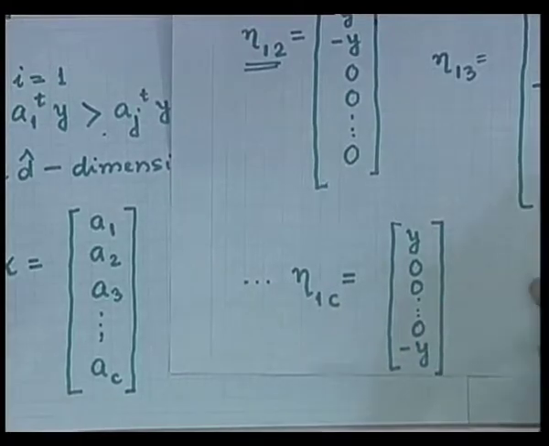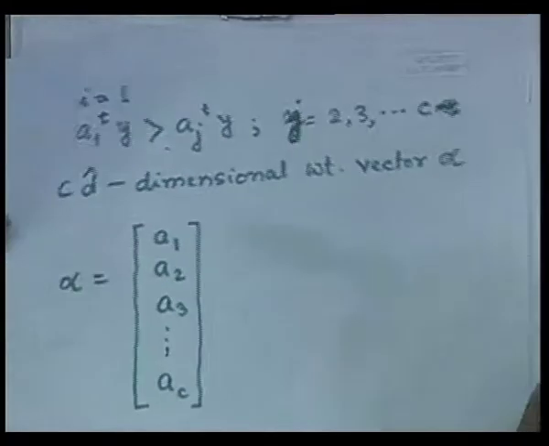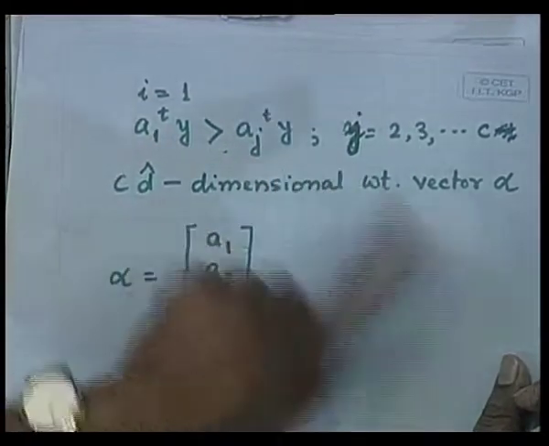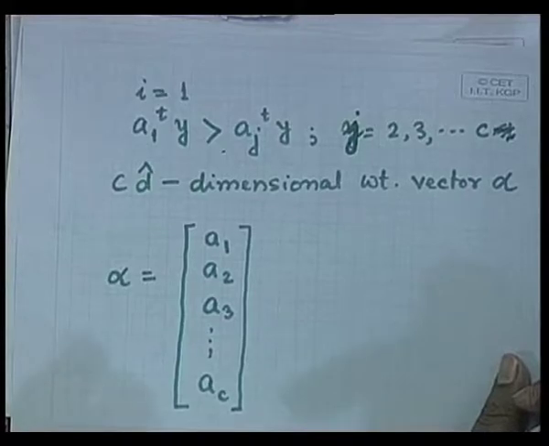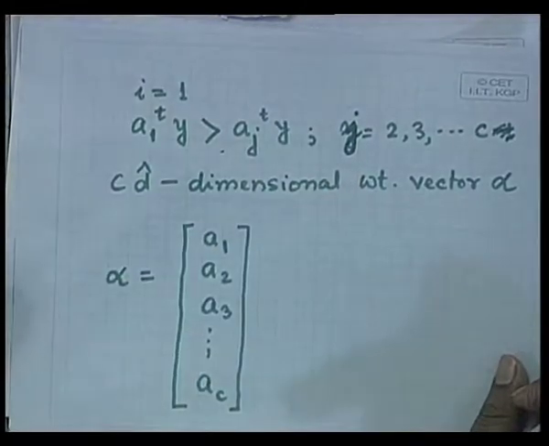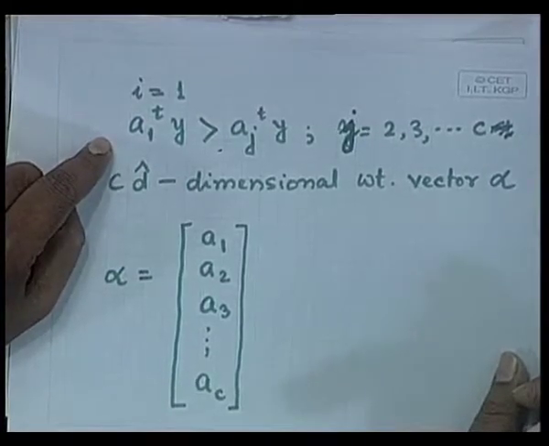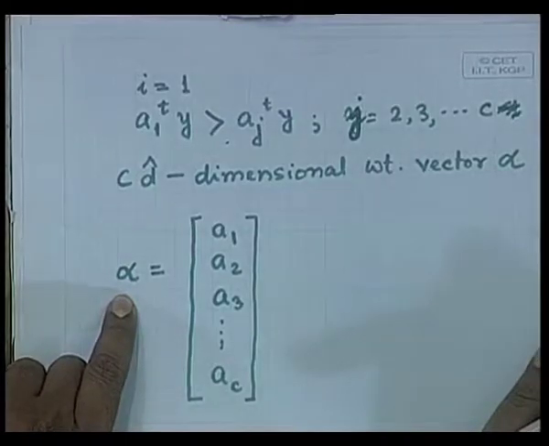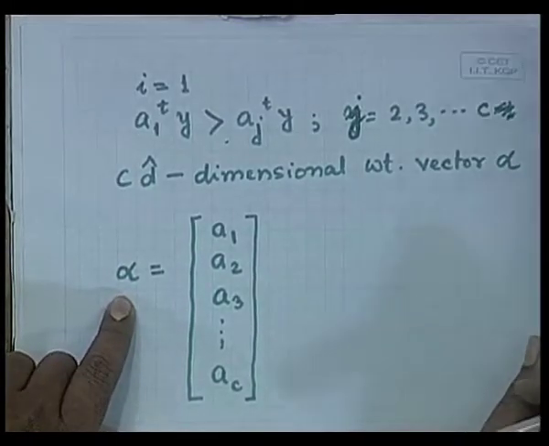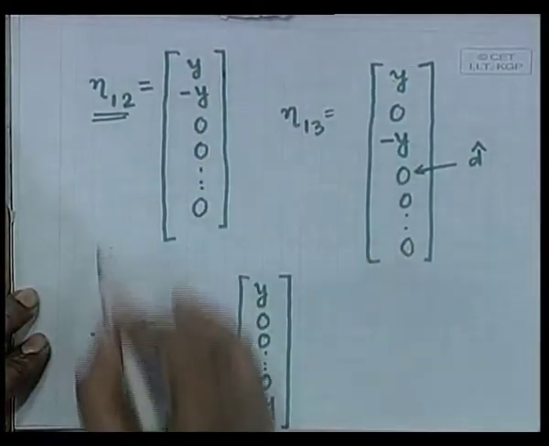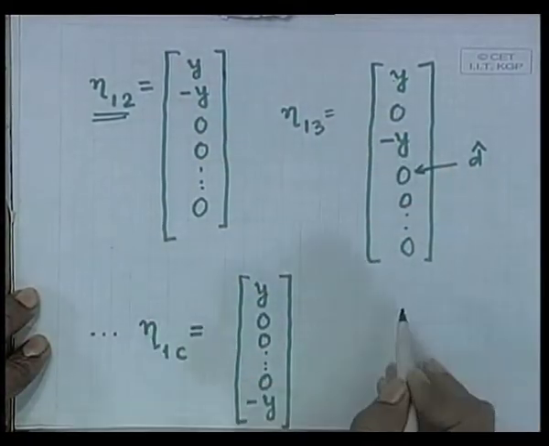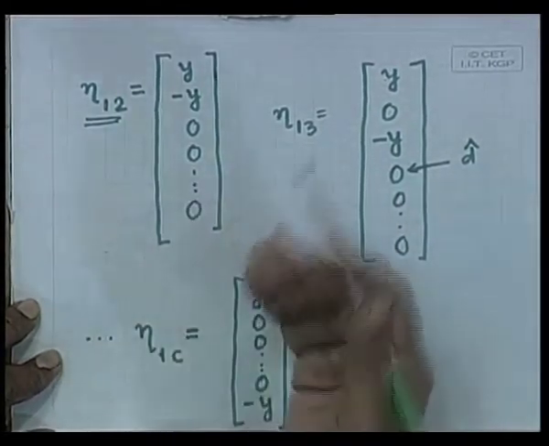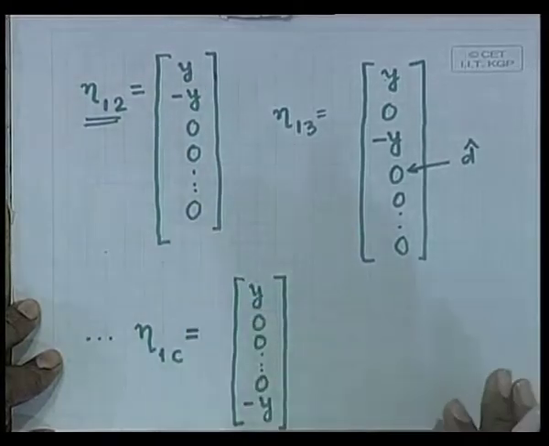So, the condition that a 1 transpose y minus a j transpose y is greater than 0 for all values of j, for y to be classified to class omega 1, is equivalent to saying that this weight vector alpha properly classifies all these c minus 1 feature vectors, which are generated from the original feature vector y.